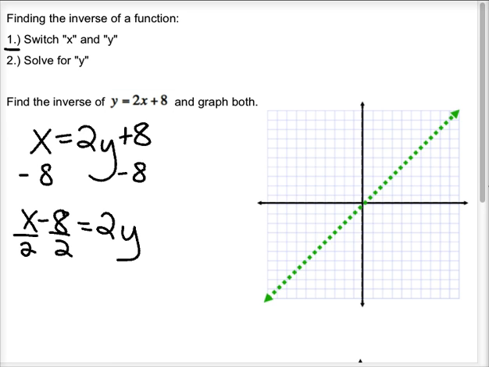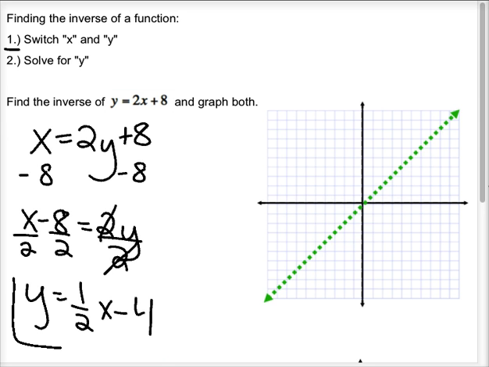Then I'm going to divide everything by that 2. So I'm going to get 1 half x minus 4 equals y. Or if you're more comfortable writing the y first, feel free: y equals 1 half x minus 4. That is going to be the inverse.